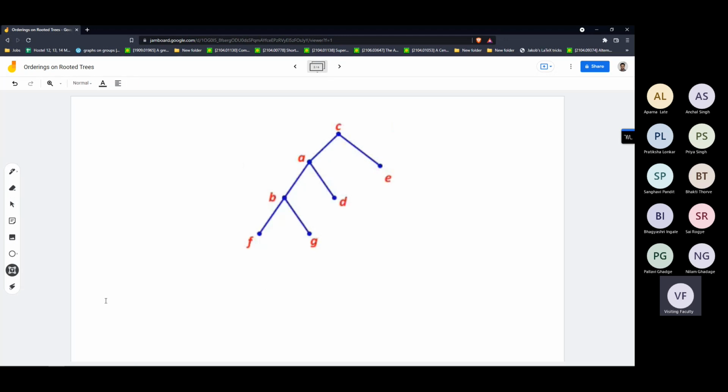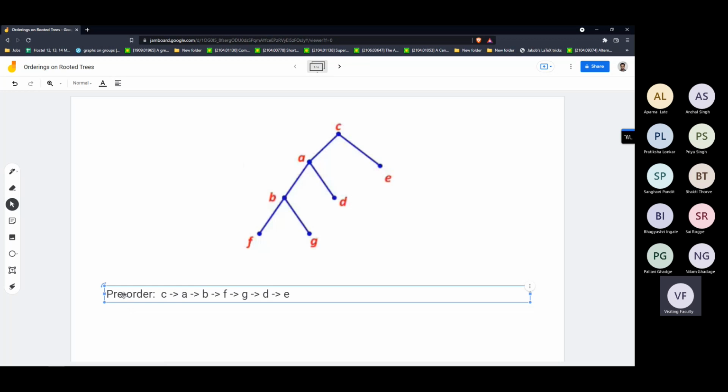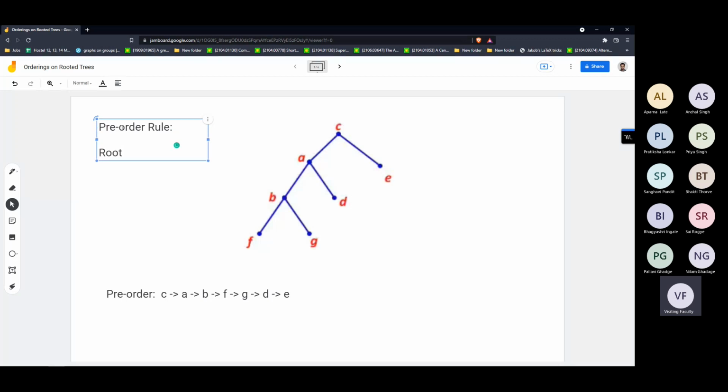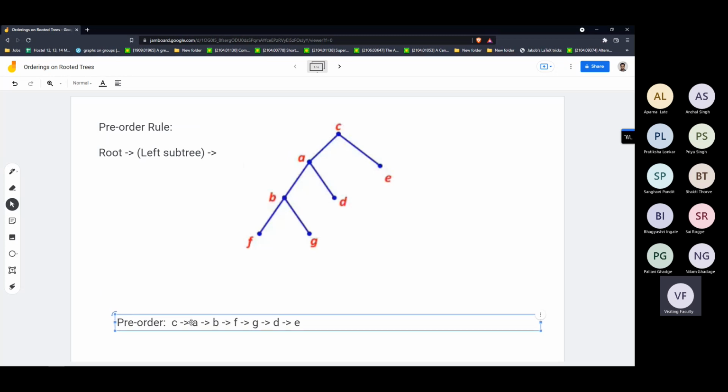The next one is a similar thing but a variant. So in the previous slide itself let me write down this.